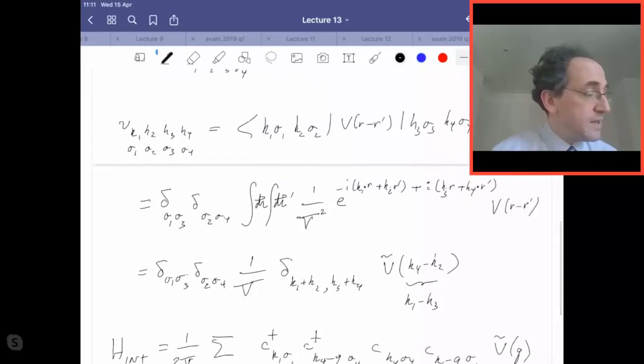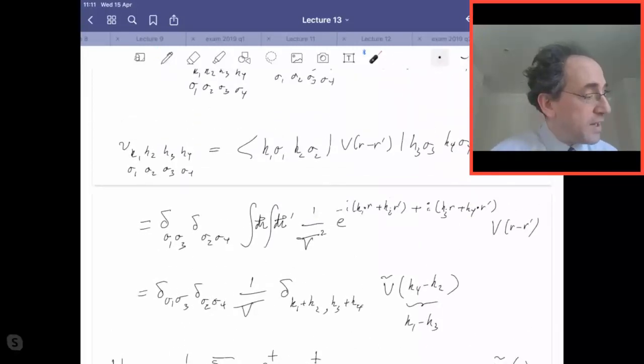As long as it's a V of r minus r prime, it could be short range, it could be long range, doesn't matter so far. We just Fourier transform it to get V twiddle.